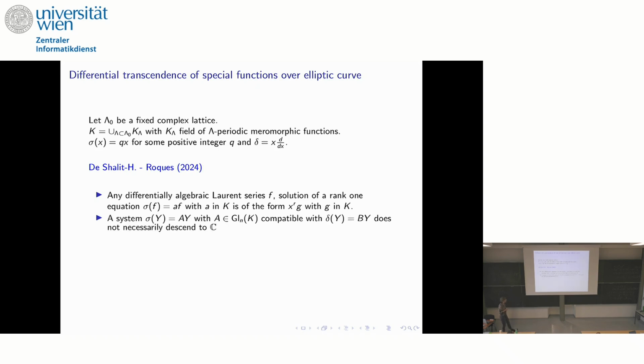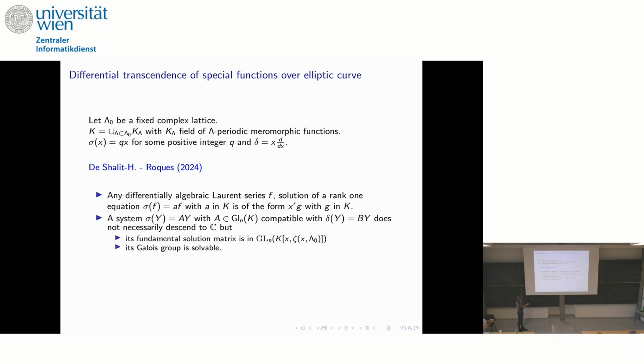We also have a classification of compatible systems in that elliptic case. And in our case, the system does not descend to the complex numbers. But we can show that any such compatible system has a fundamental matrix of solutions in that polynomial ring where you have the variable x and you add the Weierstrass function.